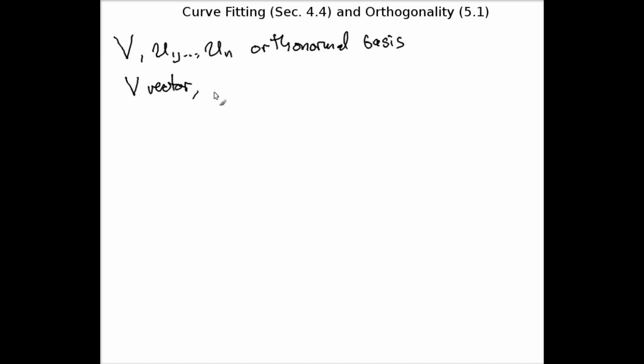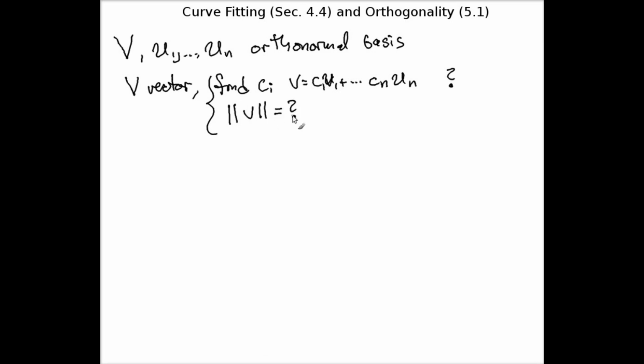One of the things I could ask you about V is find the CIs such that V is equal to C1 U1 plus dot dot dot CN UN. And another thing I could ask you is, what's the length of V? And in the setting of an orthonormal basis, these are both pretty easy to answer.